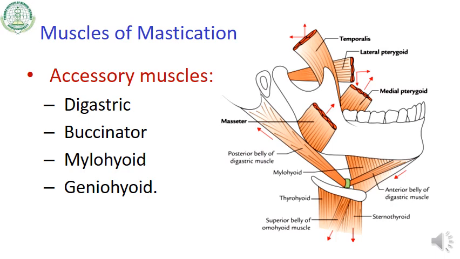Buccinator is not seen here. Then you can see the mylohyoid muscle. This is mylohyoid muscle up to here, and there is geniohyoid as well.